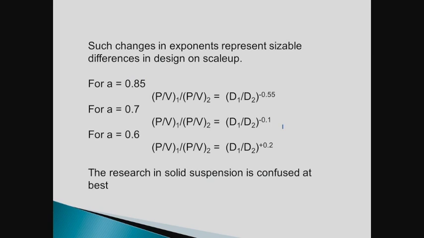So research in solid suspension, however, has to be described as confused. Have you ever heard of research being confused? Well, it's sort of like the way it is with solid suspension. And it's for a good reason. Solids are a very difficult phase. Solids themselves are very variable, right?